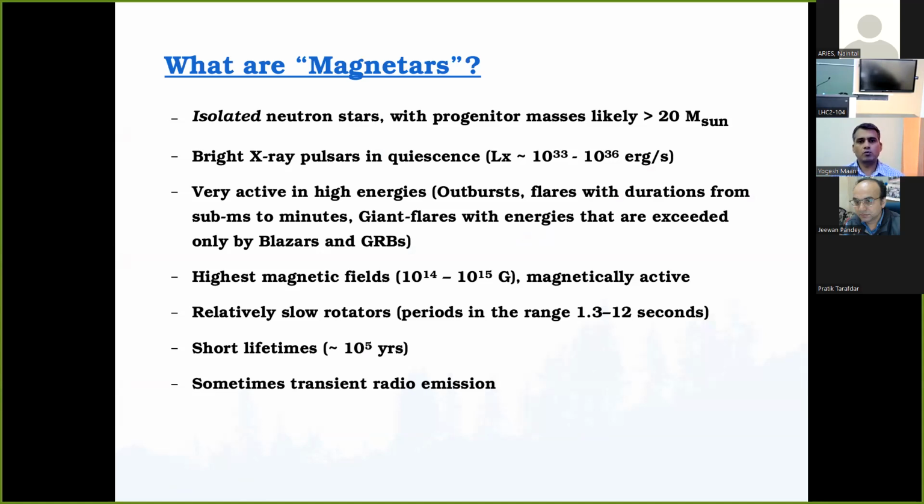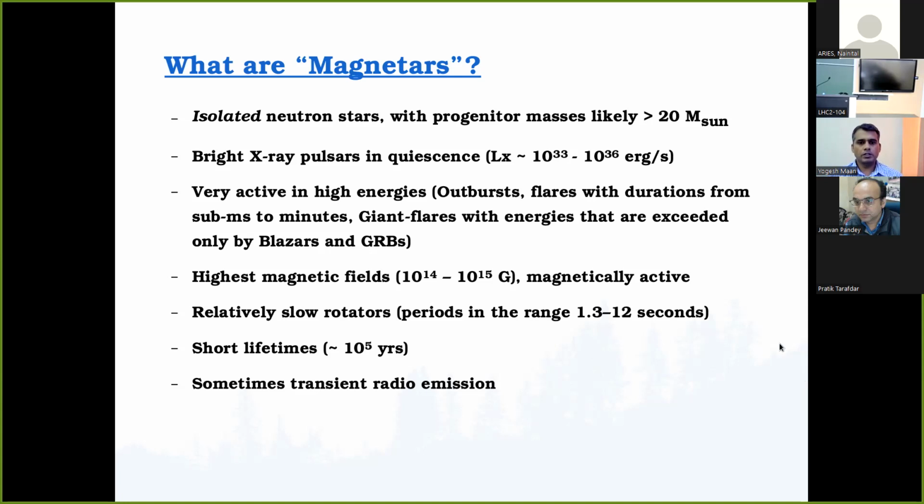What are magnetars? Magnetars are isolated neutron stars, and the word isolated is quite important here. Compared to the normal neutron star population or the pulsar population, the progenitors of magnetars are likely to be on the heavier side. Most of the magnetars are detected in high energies, and some of them are also detected as bright X-ray pulsars, even in their quiescence mode. All of these magnetars are quite active in high energies, and by high energy I mean soft X-rays, hard X-rays, and soft gamma rays.